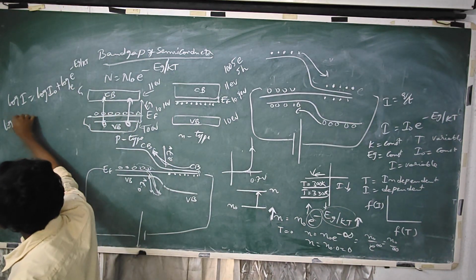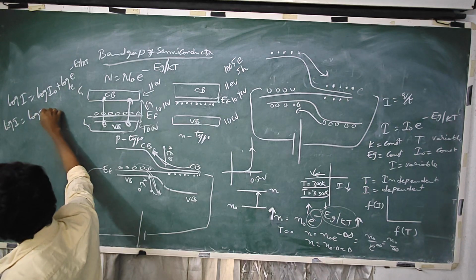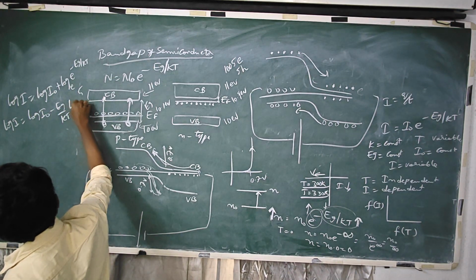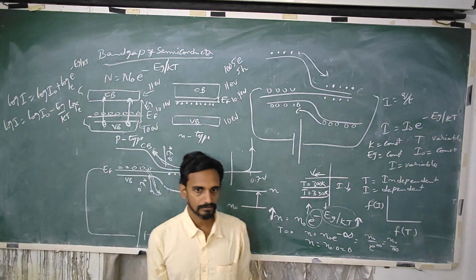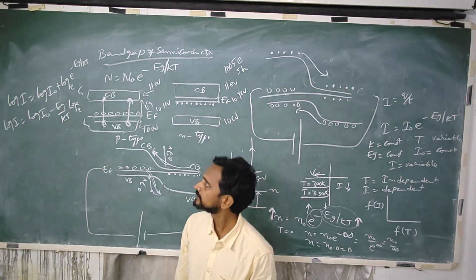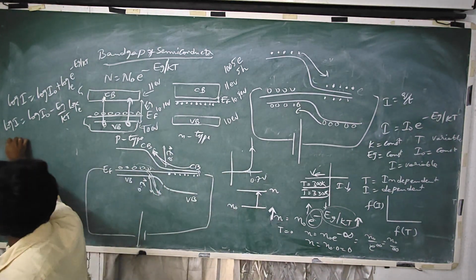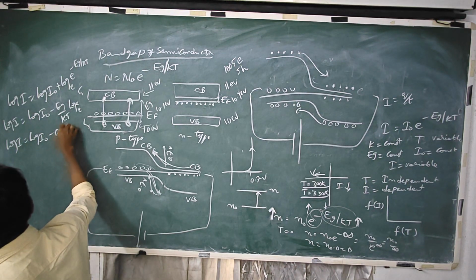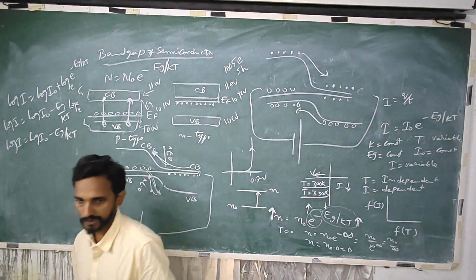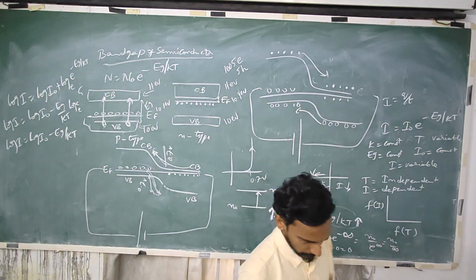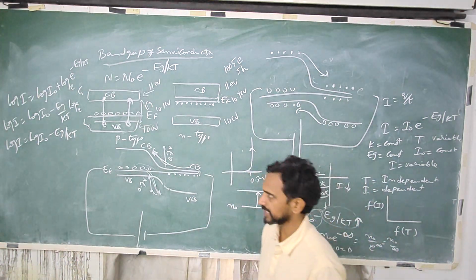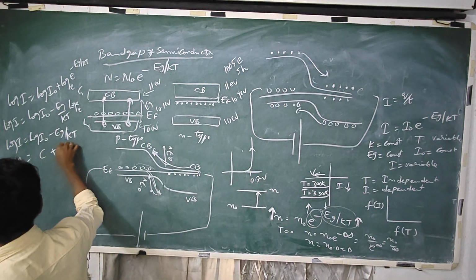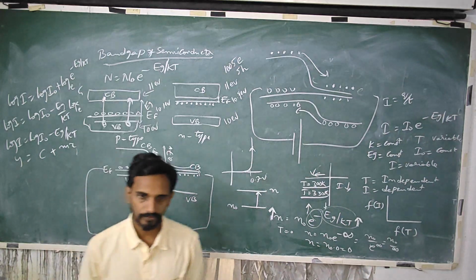So log I is equal to log I naught minus Eg by kT, log e base e. So we'll be left with log I is equal to log I naught minus Eg by kT. This almost looks like a straight line equation of the form y is equal to mx plus c.